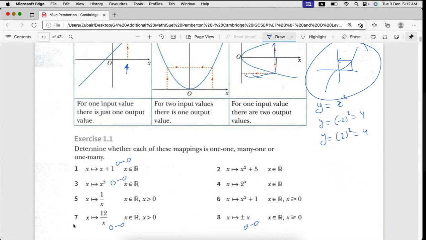See, 12 over x would look like this. It would look like just 1 over x. So 1 value of x gives 1 value of y. Why would 12 over x be like facing each other?